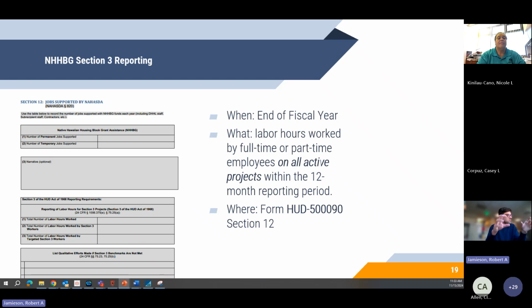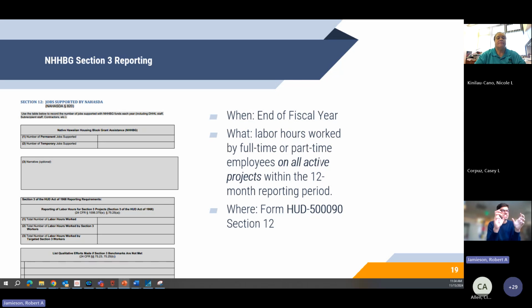For this fiscal year, I know we've been talking about it being on a per project basis. We'll still only be looking at Section 3 applicable projects. But what we want in these boxes is the sum of all active Section 3 projects during your fiscal year, which from my understanding is June 30th to July 1.